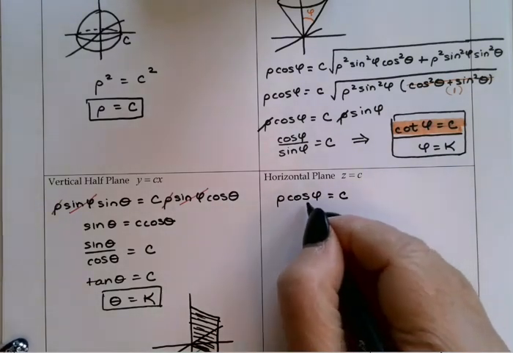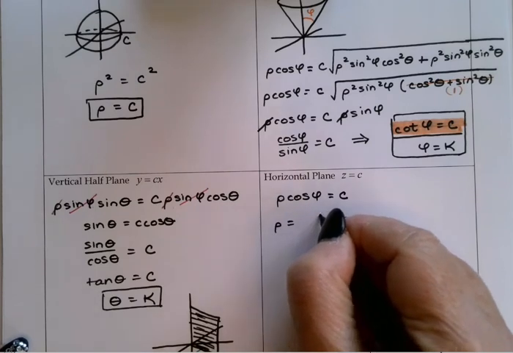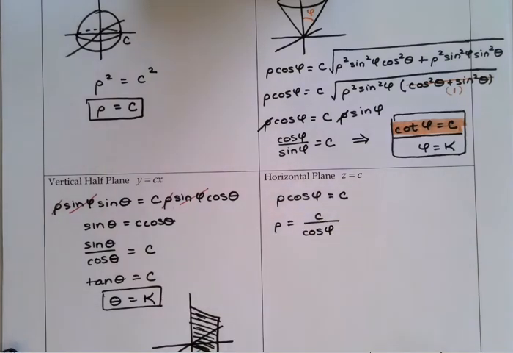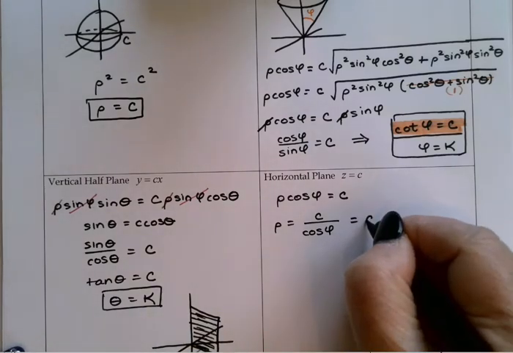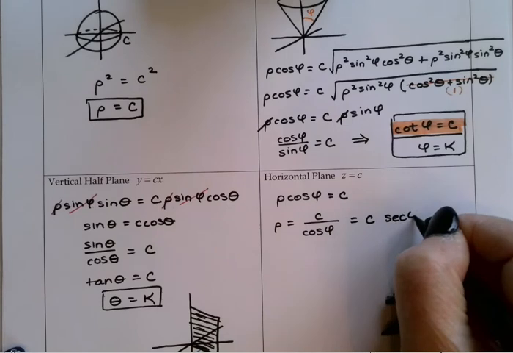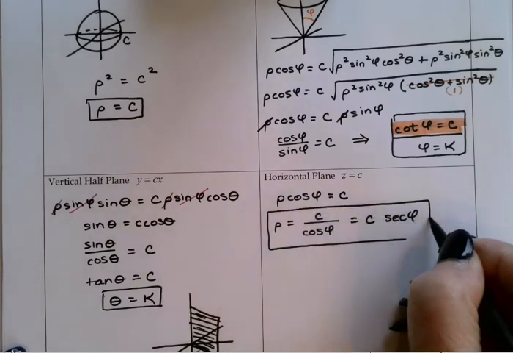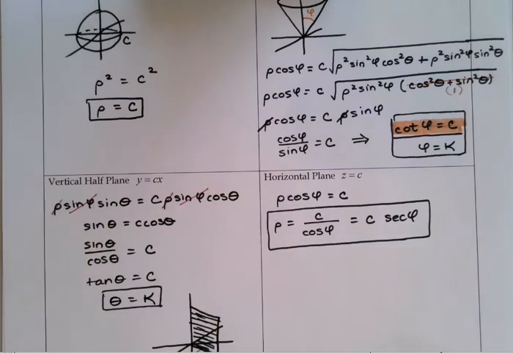So if I were to divide out the cosine phi, rho is equal to a constant divided by cosine phi, or you could also write it as a constant times secant phi, is going to be the equation of a horizontal plane in spherical coordinates.